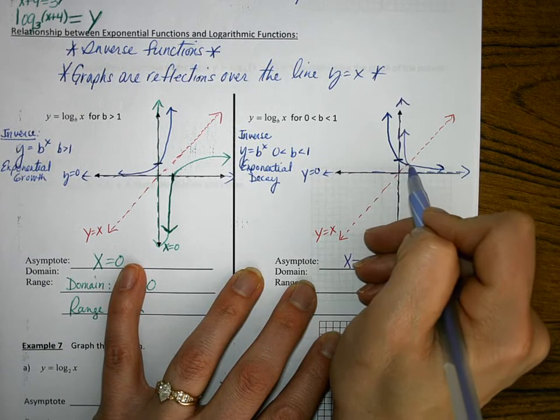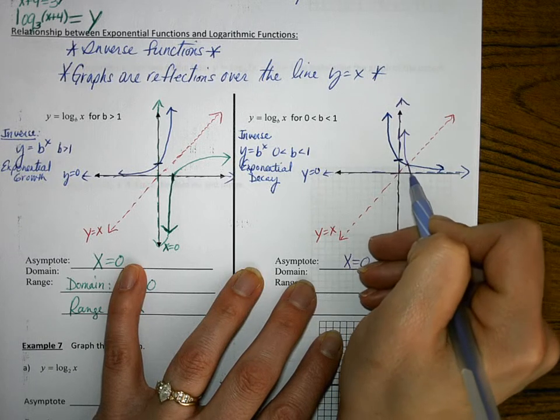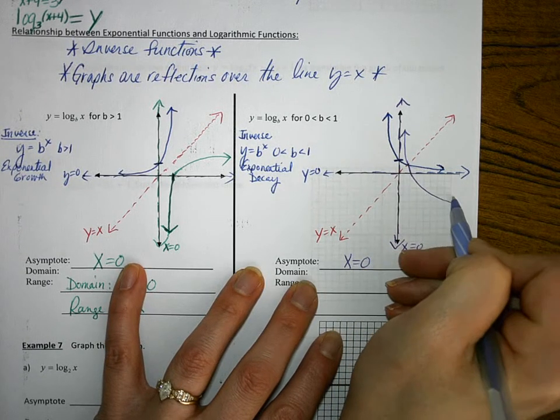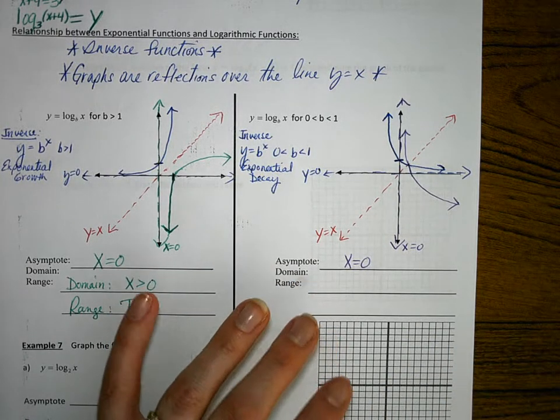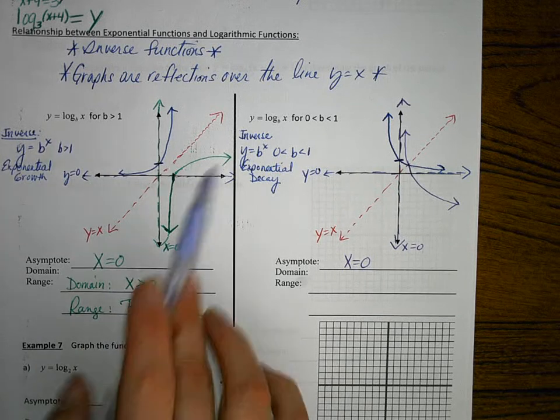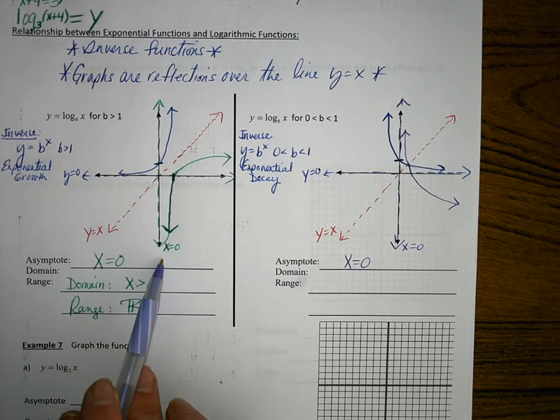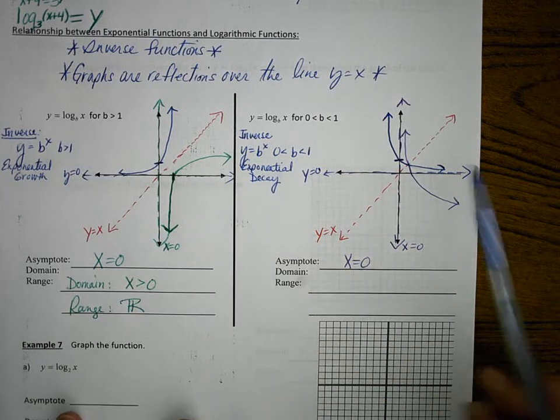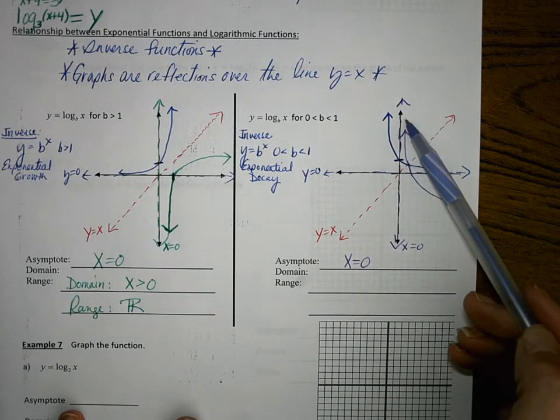And I am going here. Notice that when my b is bigger than 1, it goes down and approaches that y-axis. When my b is between 0 and 1, it goes up towards positive infinity as it approaches that y-axis.